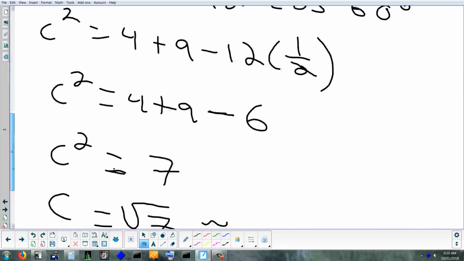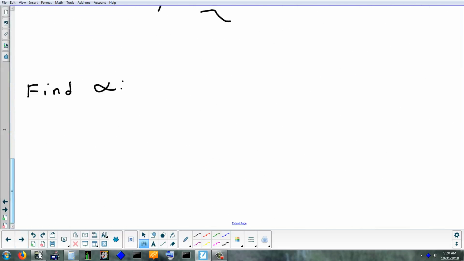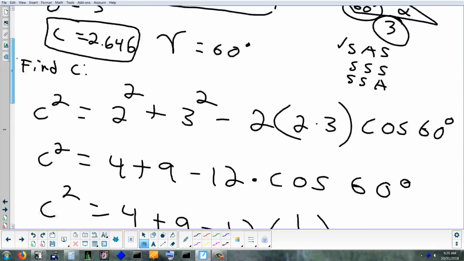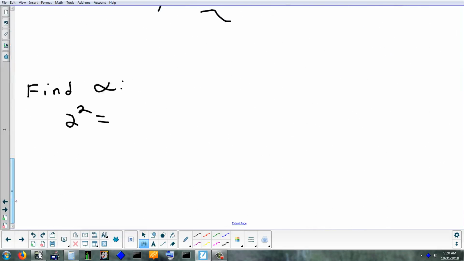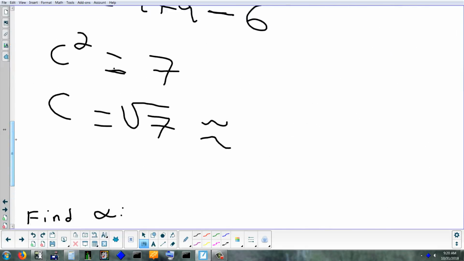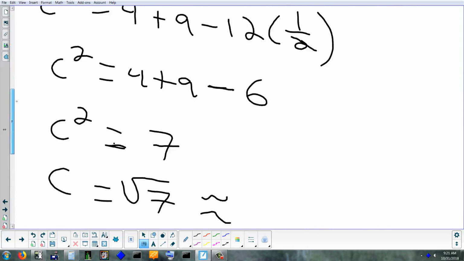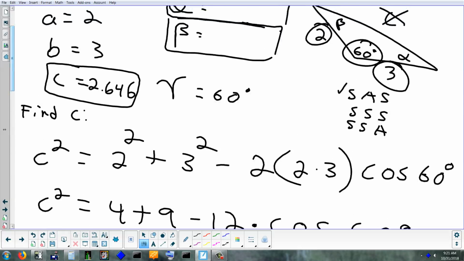a squared. Again, I could have done that as I go, but the first time through, I'll just leave it. a squared equals b squared plus c squared. Well, I already had c squared from the last problem. Don't take 2.646 and square it. You're going to get something like 6.999.